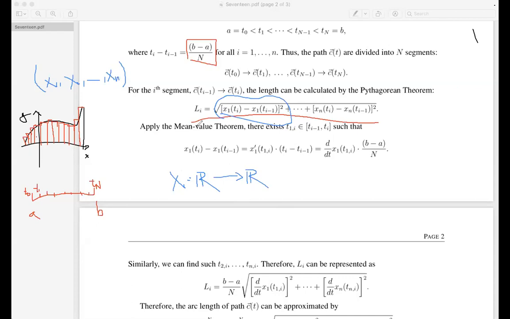All right, then we can apply the mean value theorem. Remember, the mean value theorem says f(b) minus f(a) is equal to b minus a times the derivative of f at c, where c is between a and b.